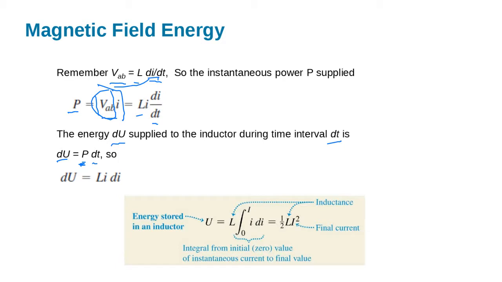If we multiply that by dt, then dU, the little tiny bit of energy, is equal to the inductance L times whatever the current i is, multiplied by whatever tiny change in current we've got over that time.